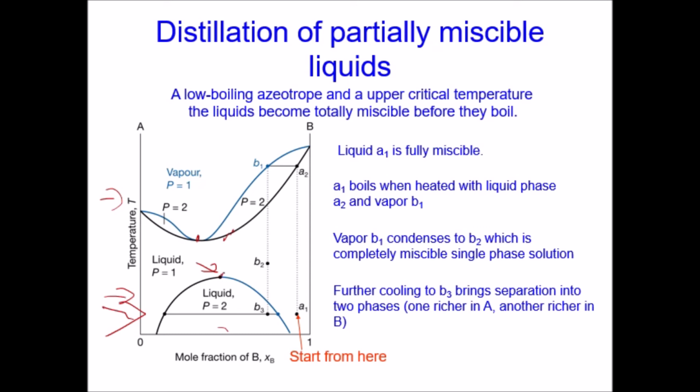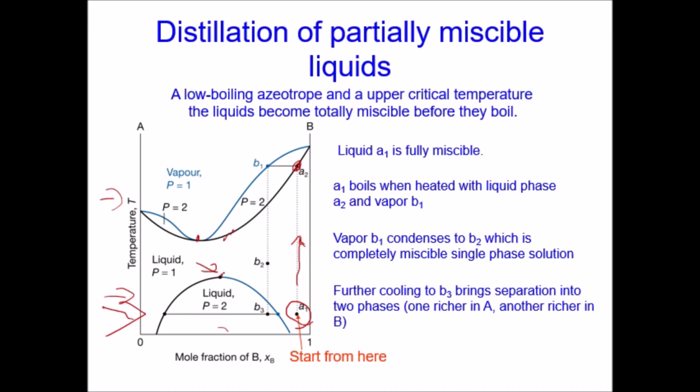So now let's start with point A1. Based on this phase diagram, A1 is a single liquid. So at A1, two liquids are completely miscible. When you increase temperature, the liquid still remains a single liquid until it touches this line, and it starts to boil.